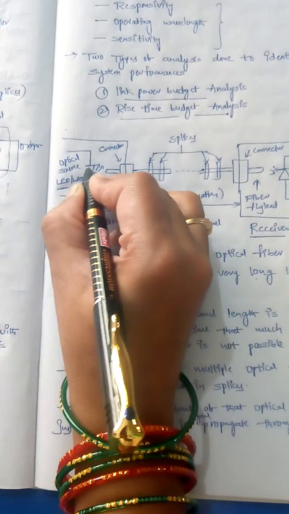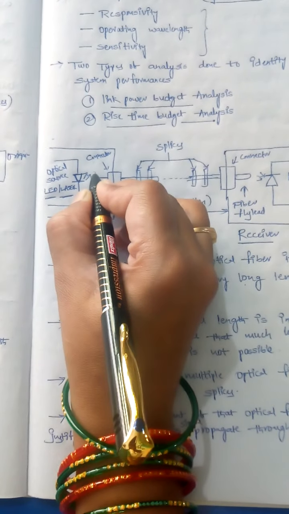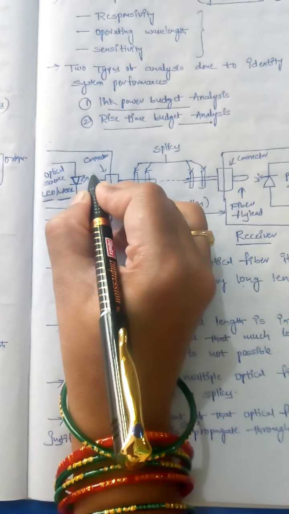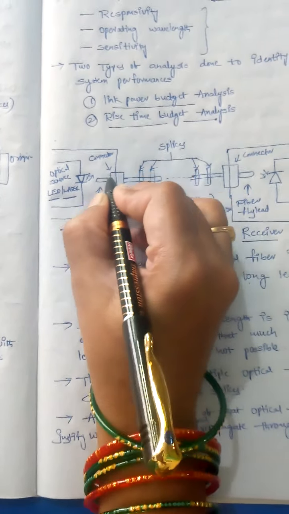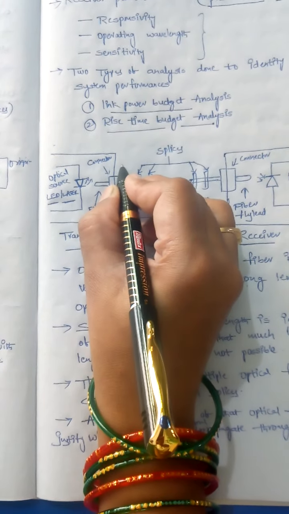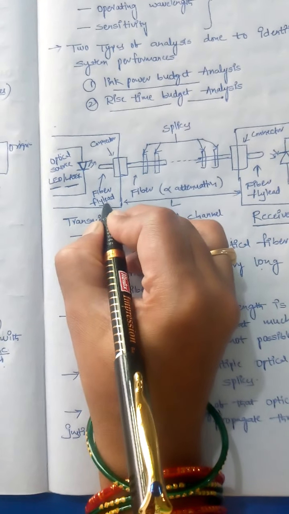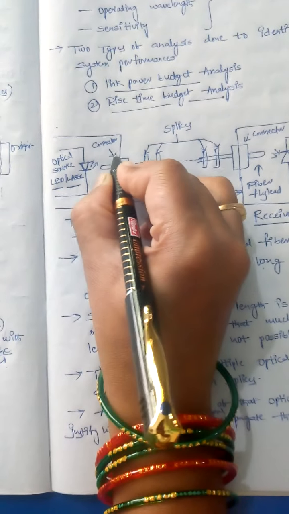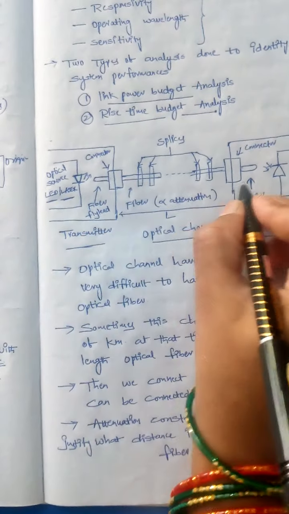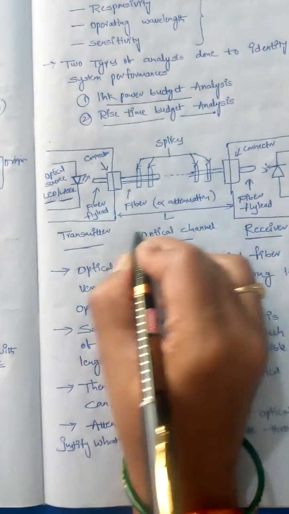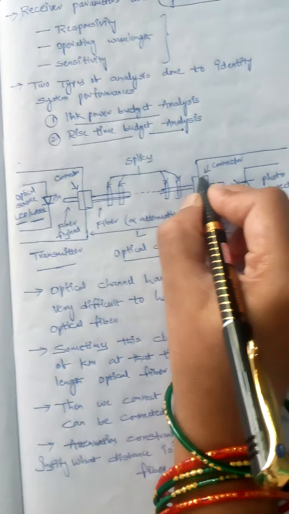By using this diode, LEDs and lasers, the emitted radiation converts the electrical signal into a light signal. This light signal is connected into a fly lead, then the fly lead is connected to one connector in the transmitter. In between transmitter and receiver, we connect the optical channel, through which we reach the receiver side.